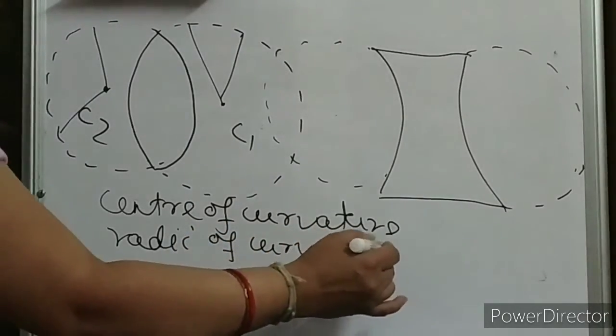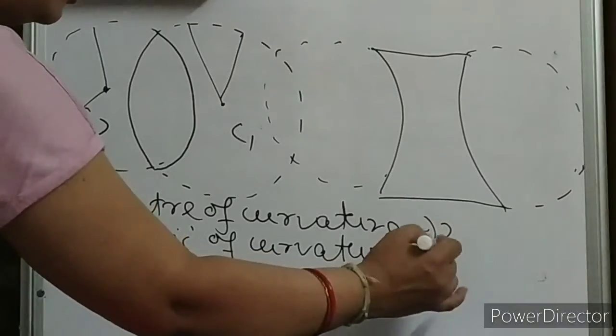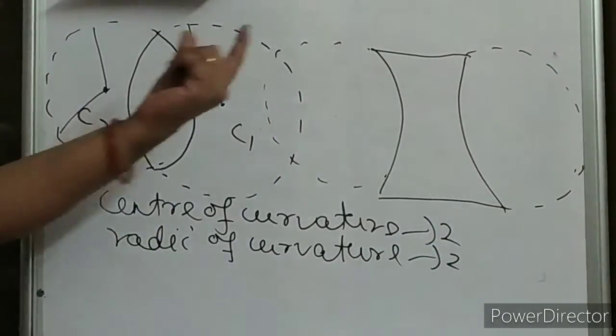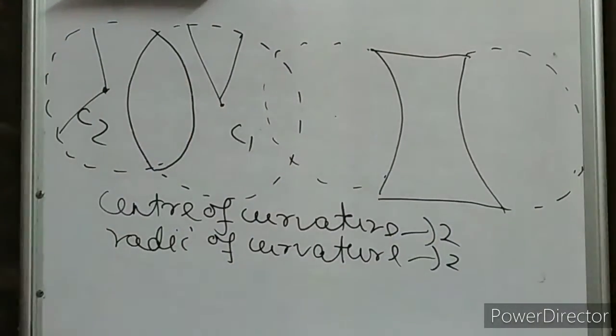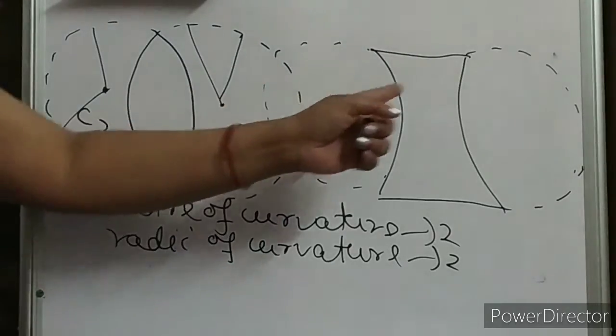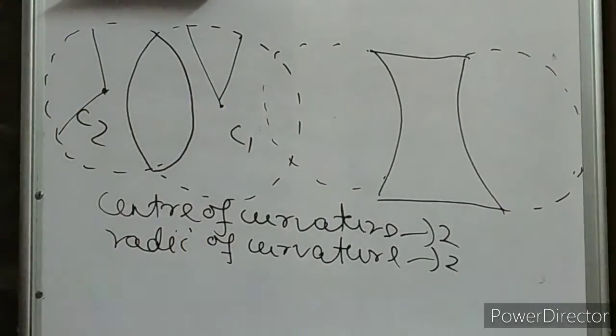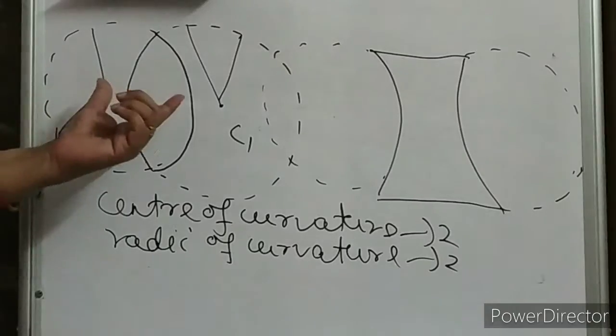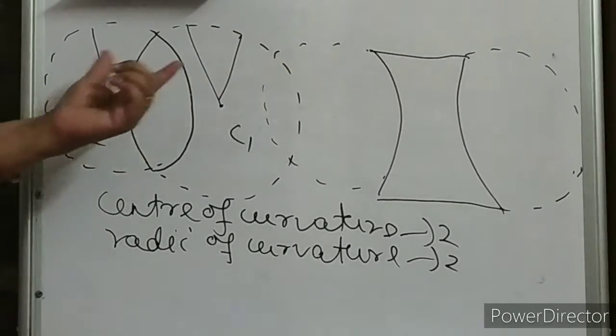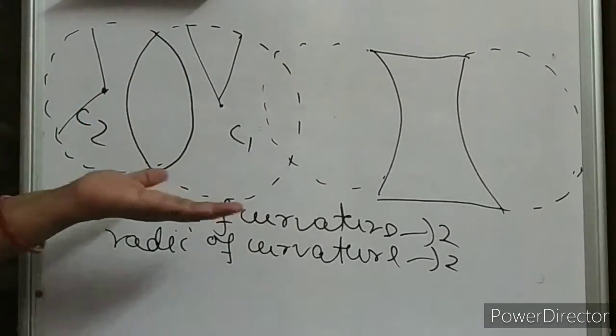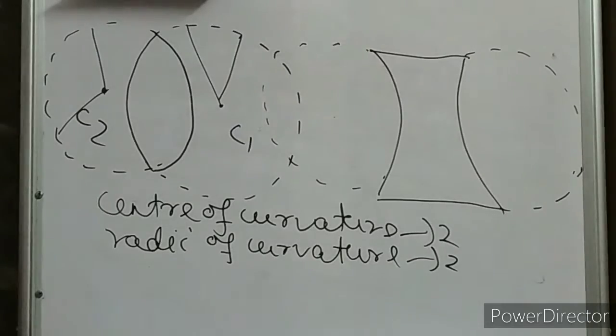In the case of concave also, the same argument: both are part of two spheres, both are refracting surfaces, so they will have two centers of curvature and two radii of curvature. The radii of the two surfaces may or may not be equal.